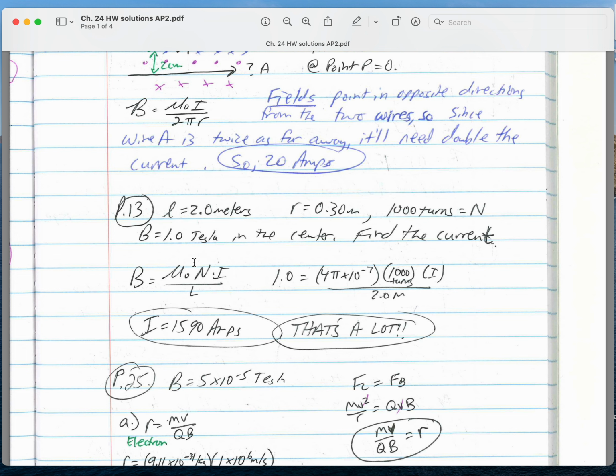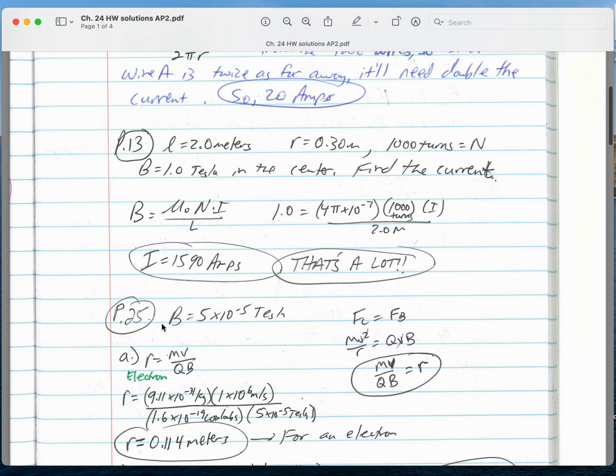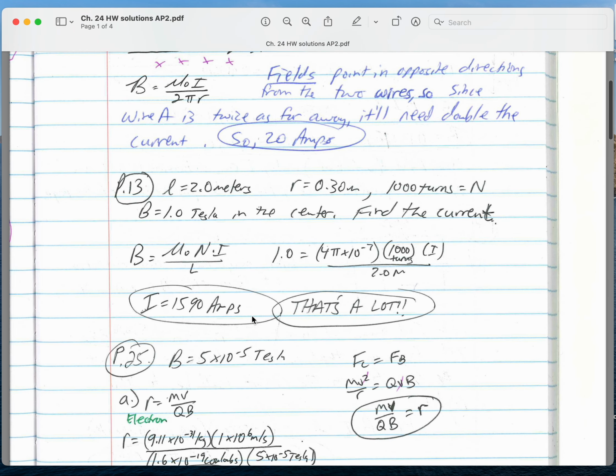That's not a formula on your formula sheet, but I seem to remember that this may end up popping up from time to time. Okay, at any rate, next one down here. That's a lot of current, by the way. That would melt most wires, so I'm not sure if that's a realistic value.